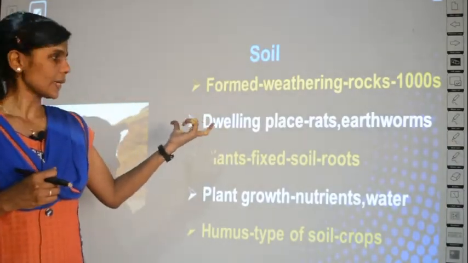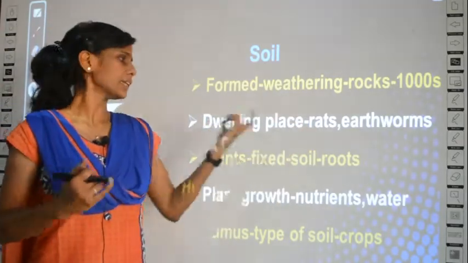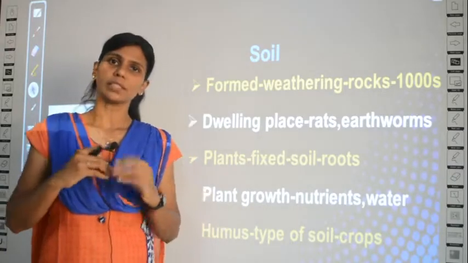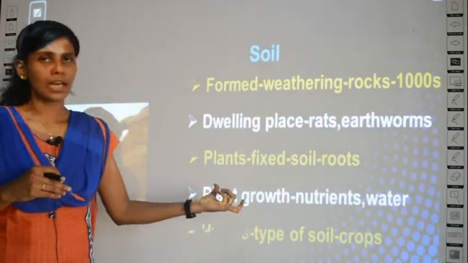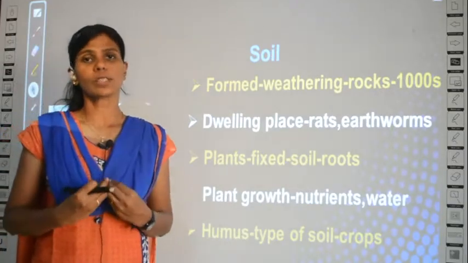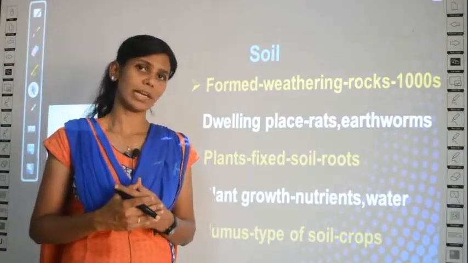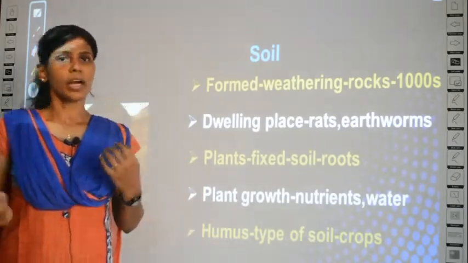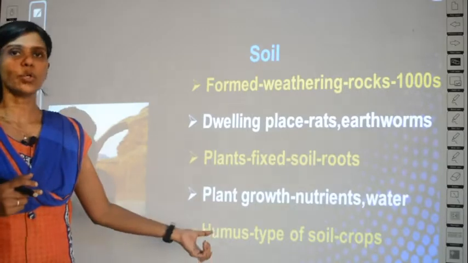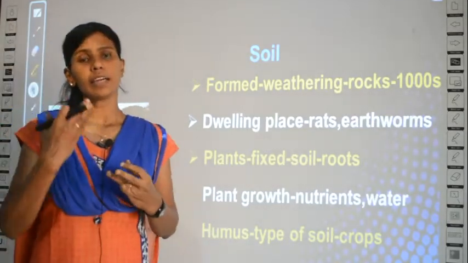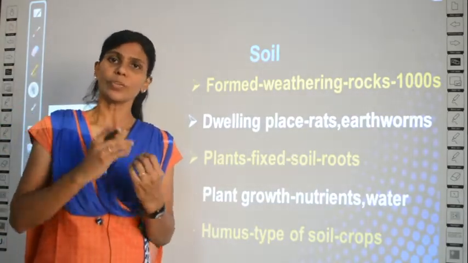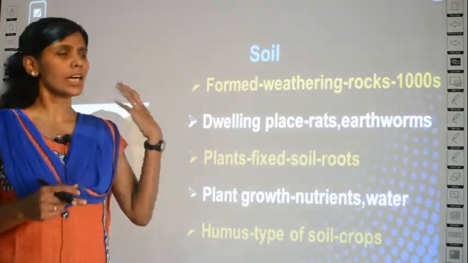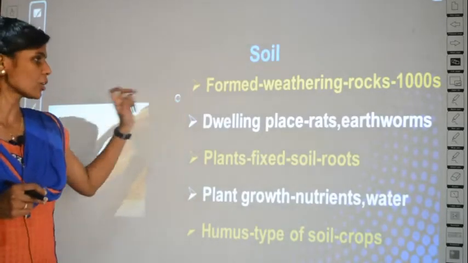So the uses of soil are, it is a dwelling place for rats and earthworms, and plants need soil to fix their roots, to stand upright, and then plant growth depends upon the nutrients in the soil, because every time we do not provide fertilizers or water. So the water and nutrients are naturally present in the underground soil, and also humus decides the type of soil and also the type of plant which is supposed to grow in a particular type of soil. These are some of the uses of the abiotic factor called soil.